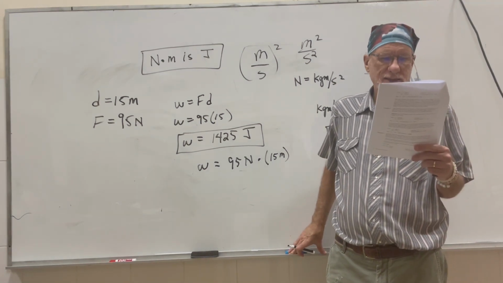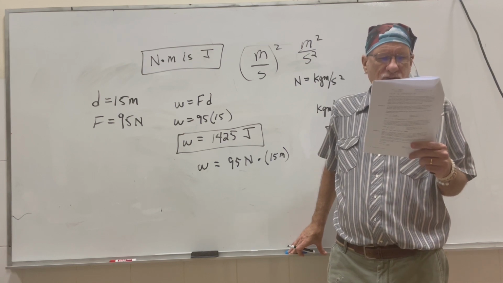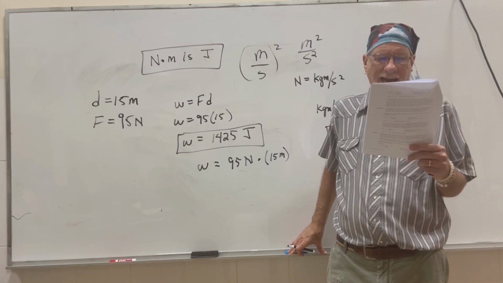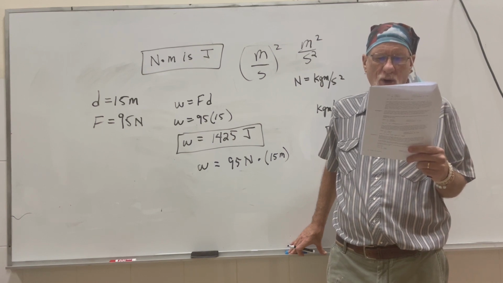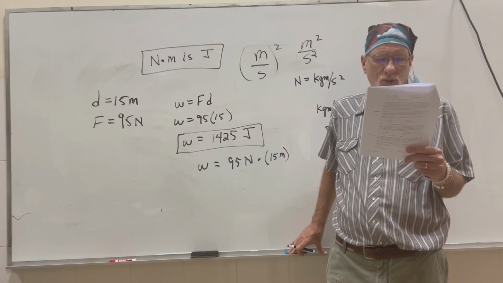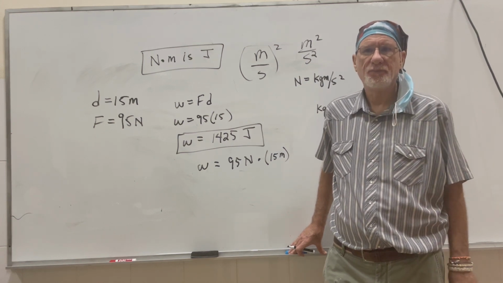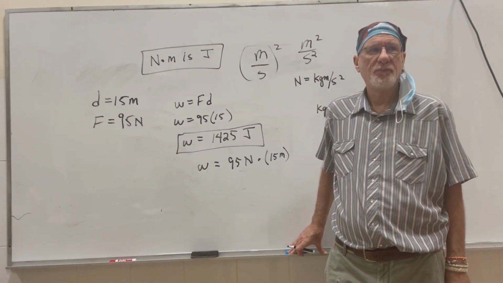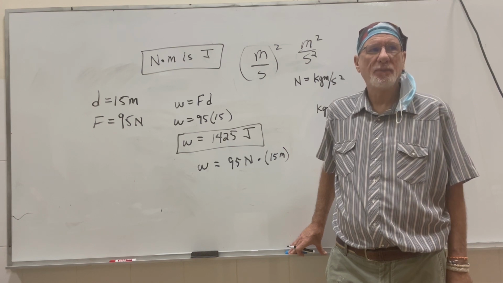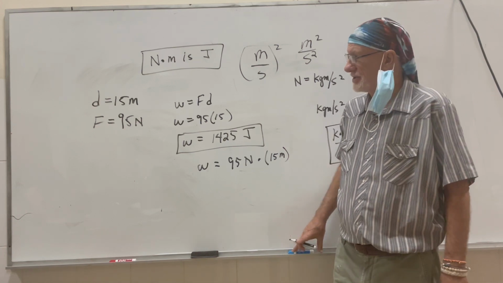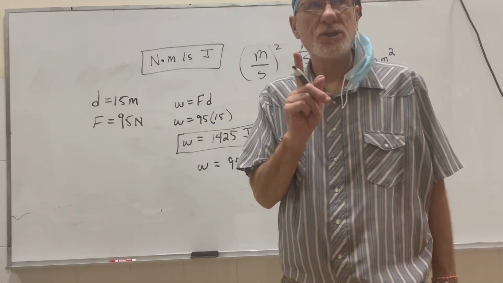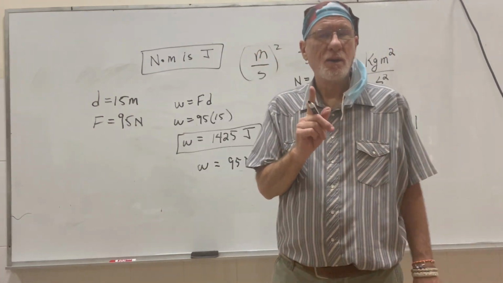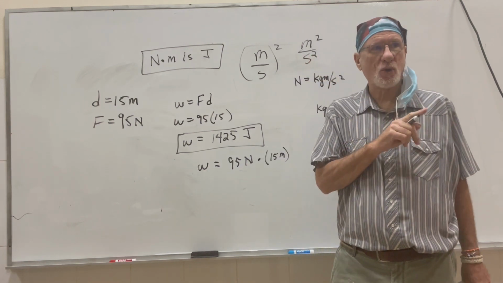And then it says, if the floor has been waxed, does he have to do more work or less work to move the suitcase? Why would it be less work? The distance is the same. 15 meters is 15 meters. This is important later on. But why is it less work?